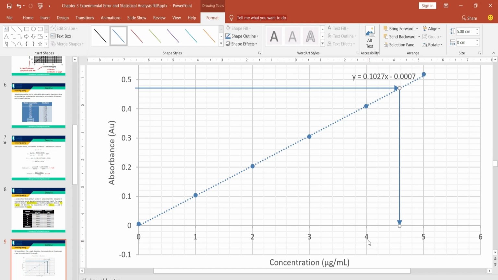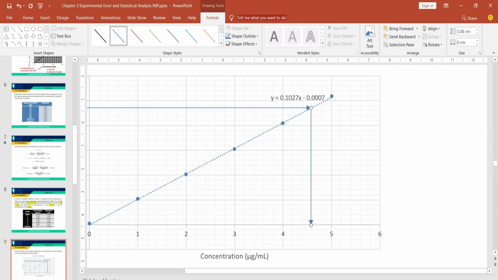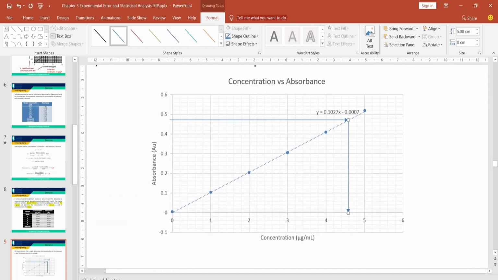So you have 4, 4.2, 4.4, 4.6. Okay, it is around 4.5859. Okay, so that is how you determine the concentration of X using graph.